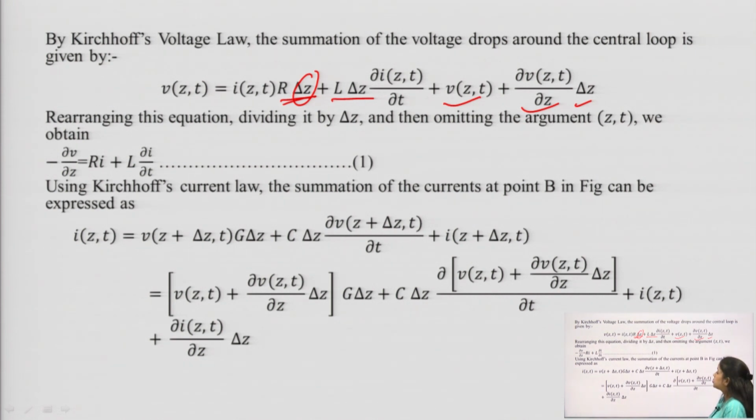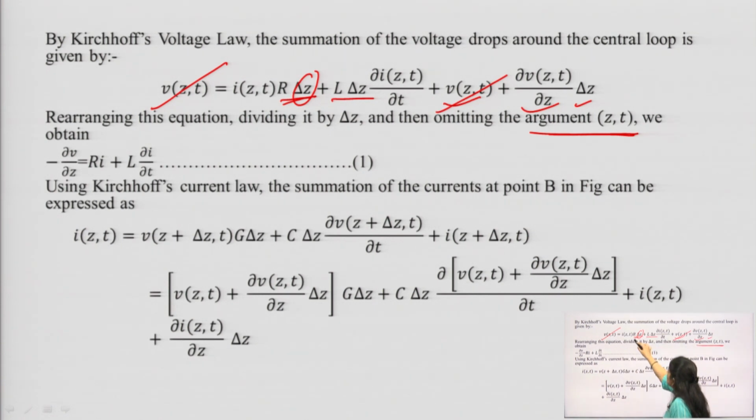Now, what is the second step here? We are going to rearrange this equation, dividing it by del z and omitting the argument (z,t). The first term will get cancelled, and then what do we have?